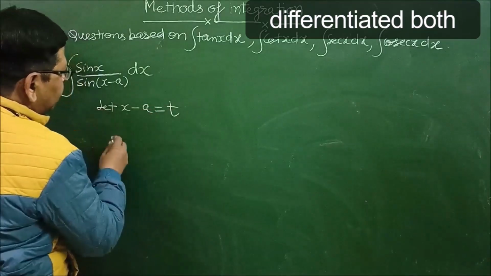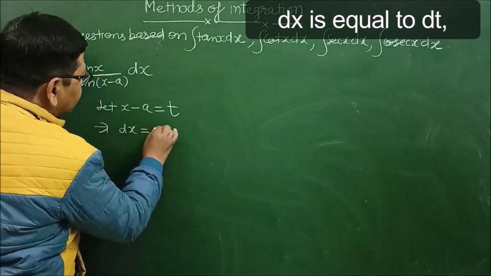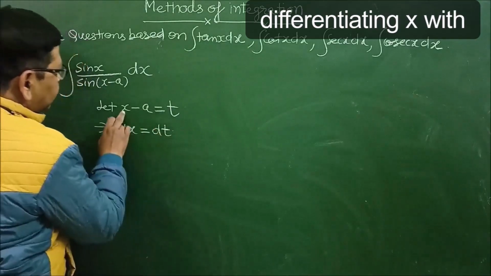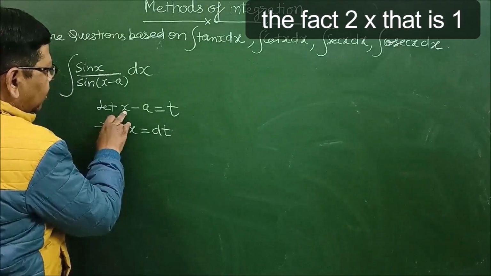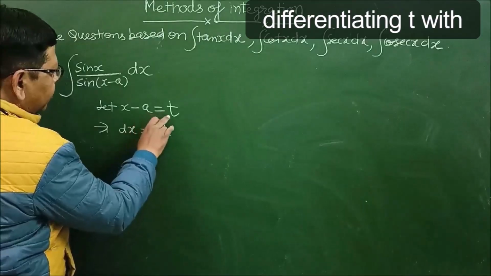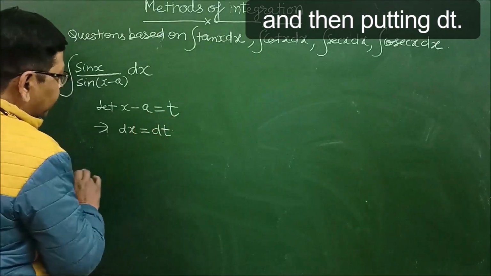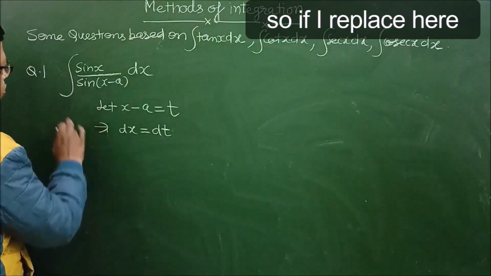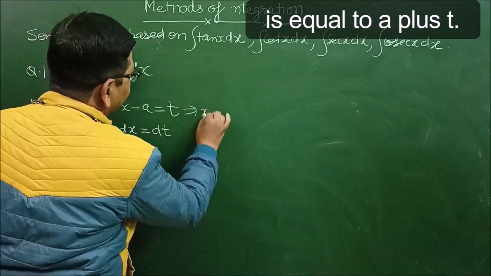Now if we differentiate both sides, we get dx is equal to dt. Differentiating x with respect to x gives 1, and then putting dx, and differentiating t with respect to t gives 1, and then putting dt. So dx is equal to dt. So if I replace here, the value of x is equal to a plus t.